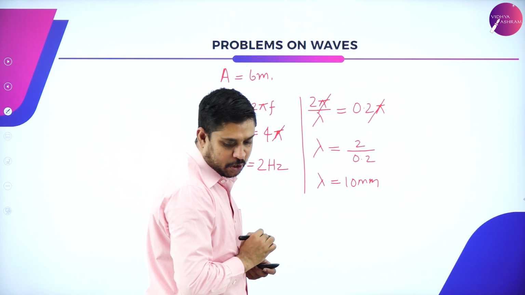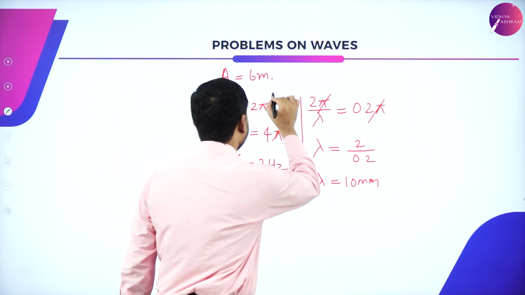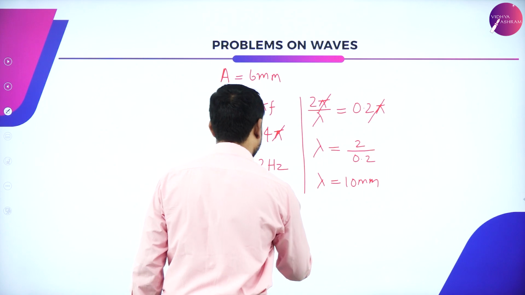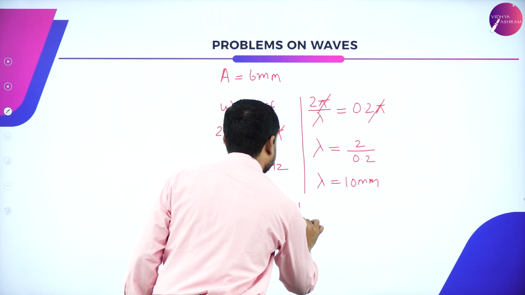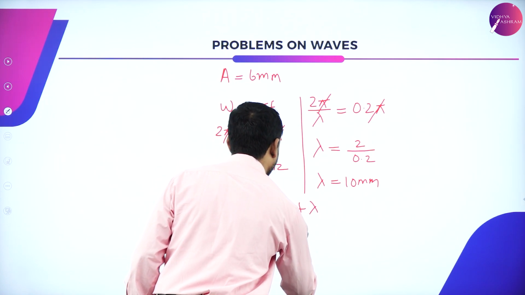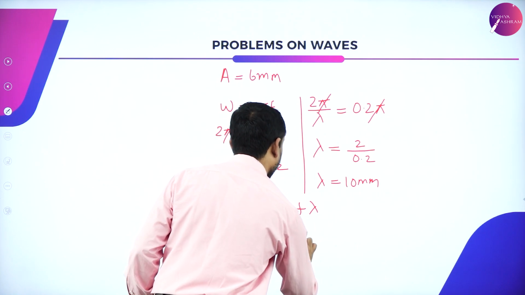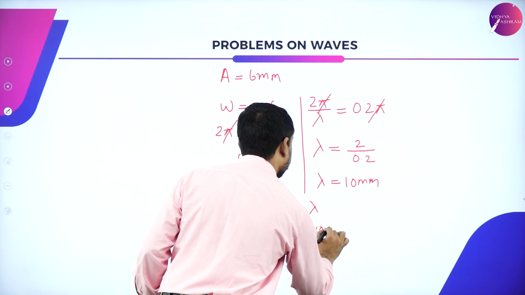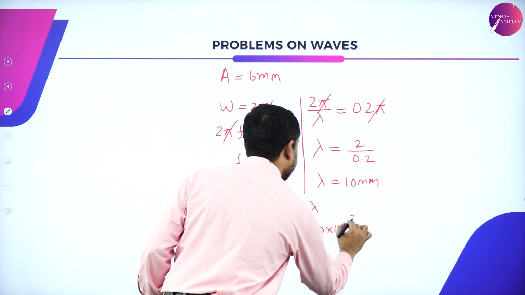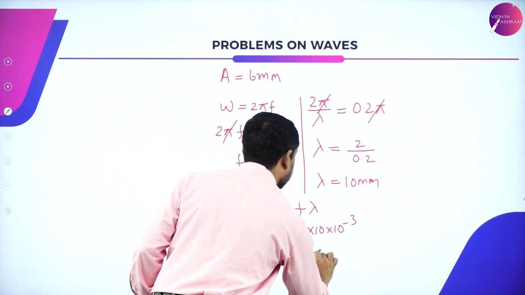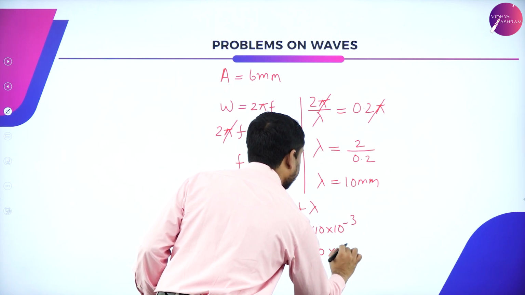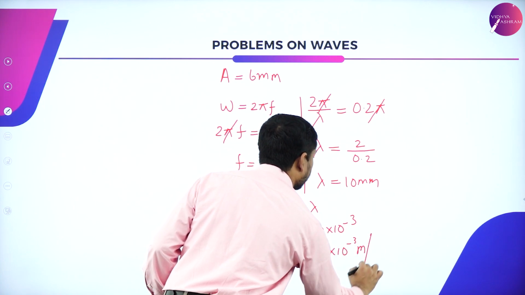So amplitude is in millimeters. So V is f lambda, 2 into 10 power minus 3, 20 into 10 power minus 3.